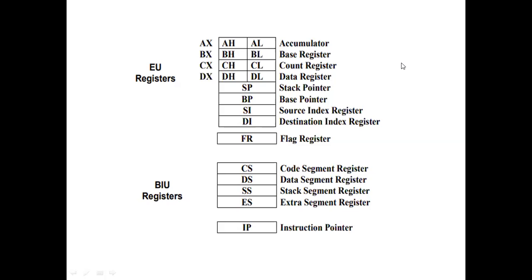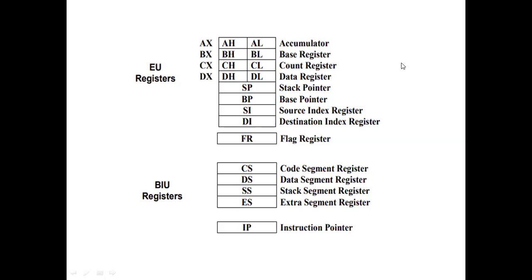EU, the execution unit register, contains the general purpose registers, index register, pointer register, and flag register. And the BIU register, the bus interface unit register, contains the segment registers.